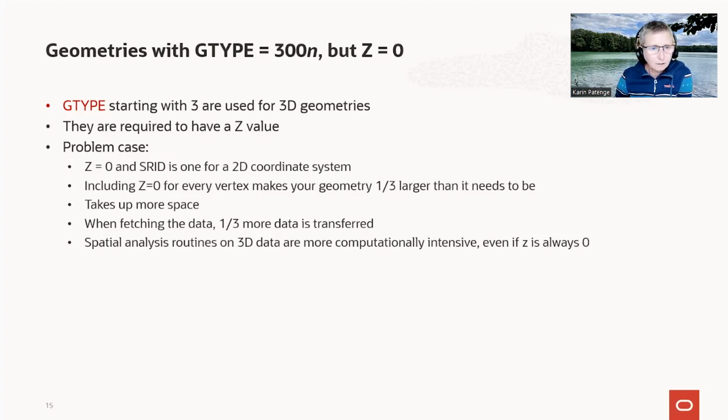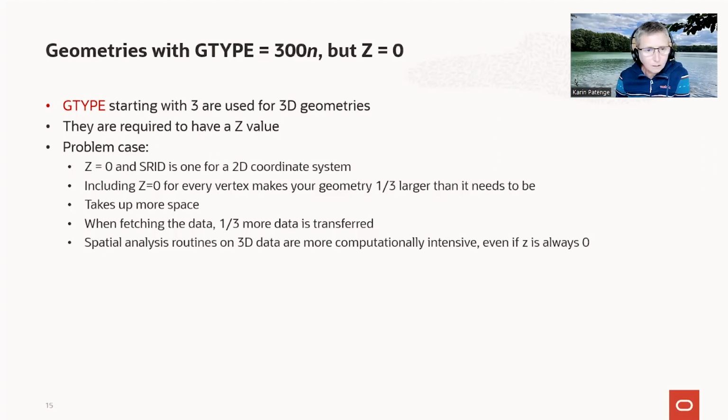It doesn't have to, but having all the Z values set to 0 makes your geometry larger than it should be, because it uses a third more space to store the third parameter for a vertex, which is actually not required. And also when loading the data, you also have to load the third value into memory, which is a waste of resources.